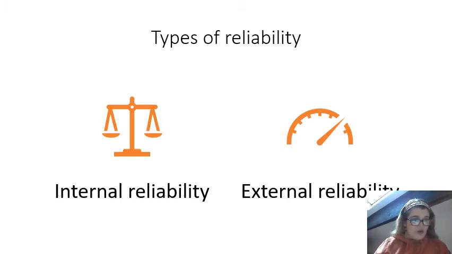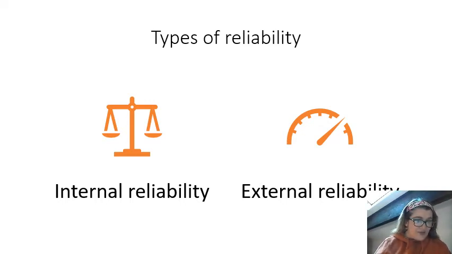So if we look in the booklet now, but in common sense language, it's basically, are your results consistent within your research, whether that be an experiment or a questionnaire? Are the results consistent within it? So the measures used will show consistent results.